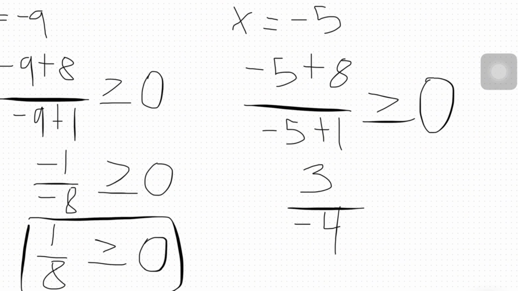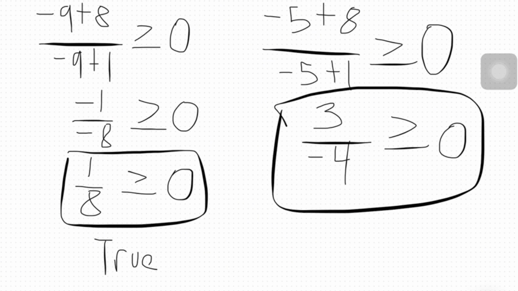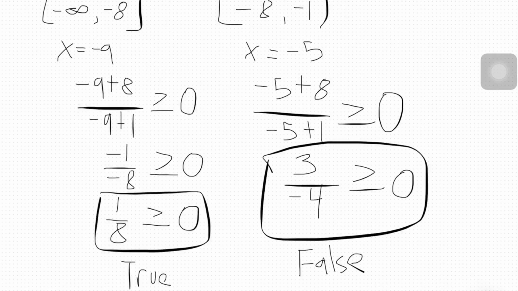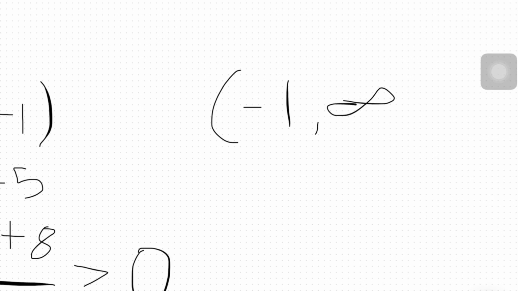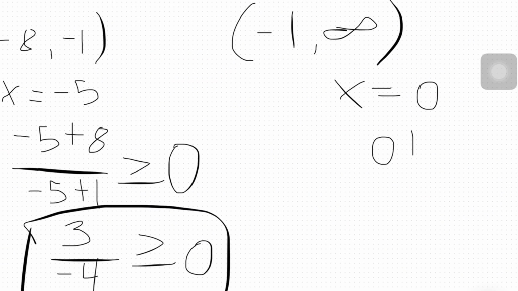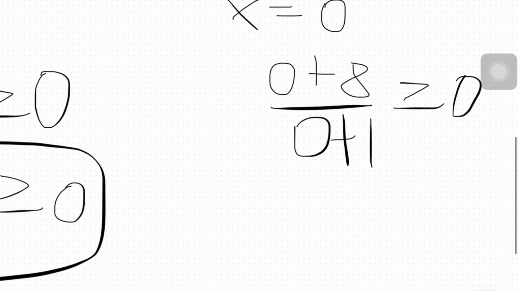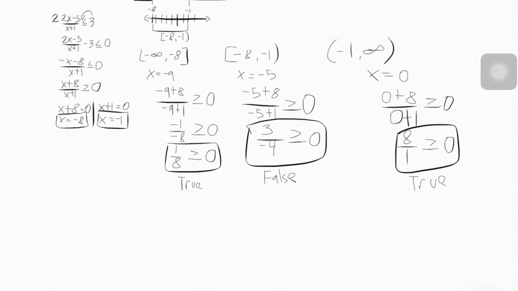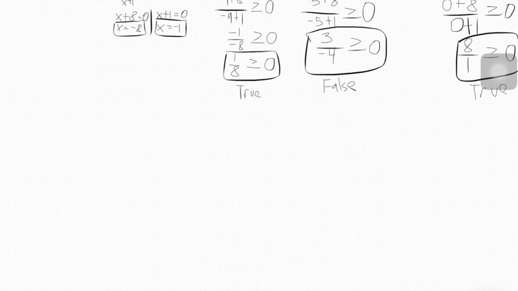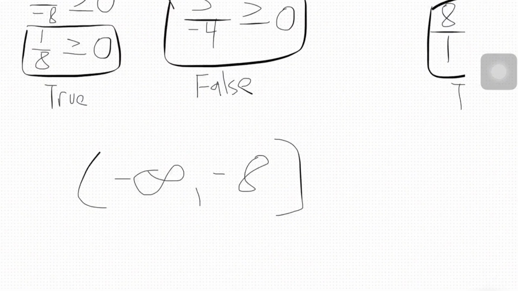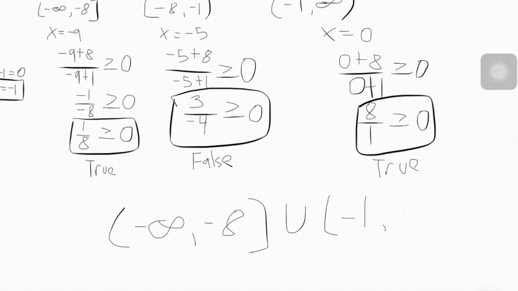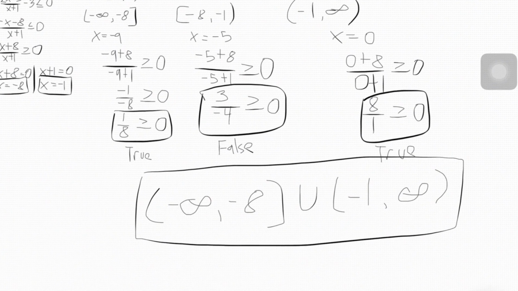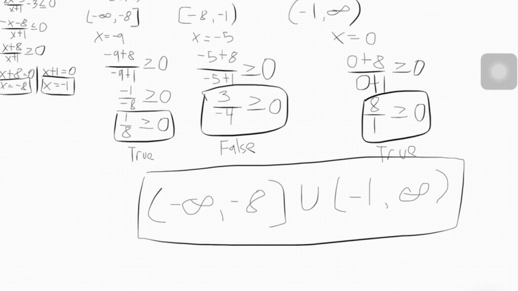Here, the answer is negative 4, which means it's false, since negative 3 over 4 is not greater than 0. In the last interval, I chose x equals 0. Take note that when a value is included, we use a bracket. When a value is not included, we use a parenthesis. Now, this is the final answer.